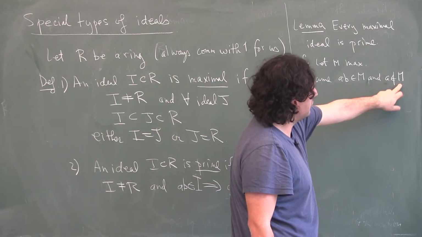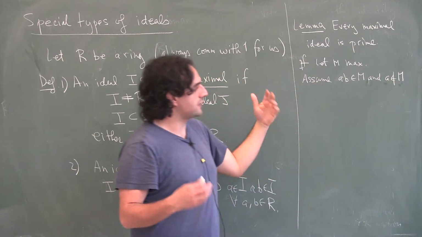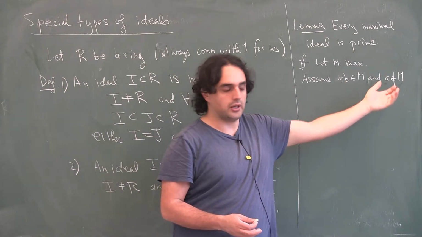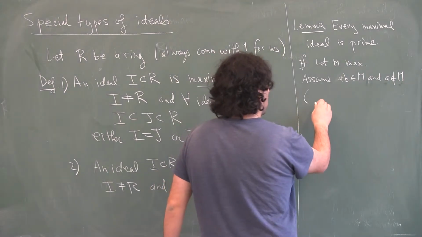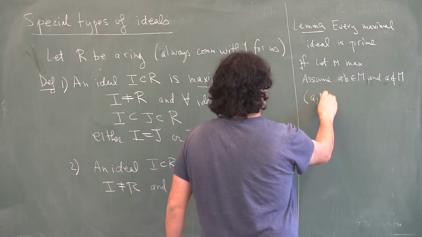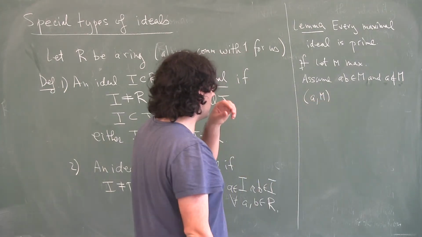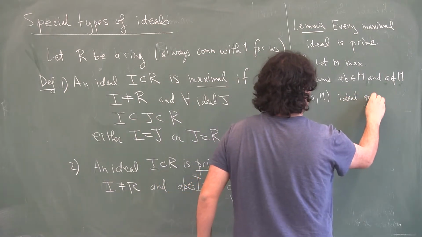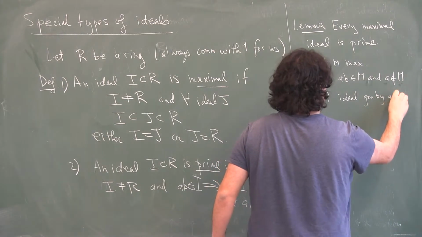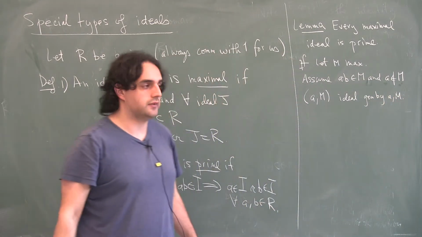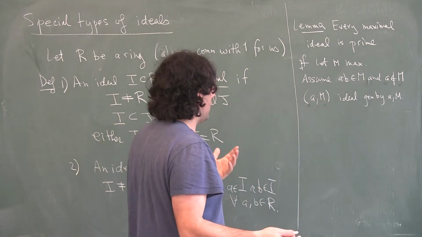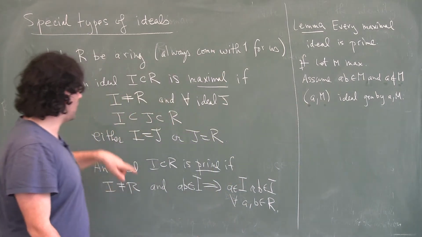Because I have an element not in the ideal M, it's a standard construction to form the ideal generated by A and M. So I can look at the ideal generated by A and M. This is the smallest ideal in R that contains both M and A. And now what choices do we have for it?